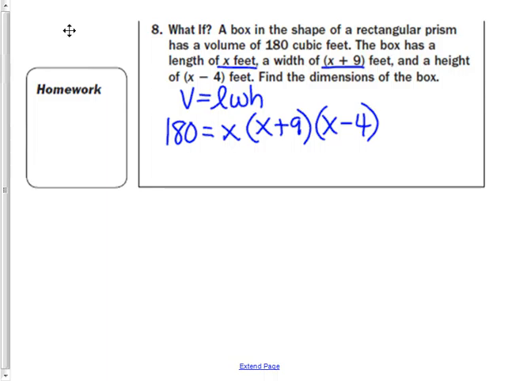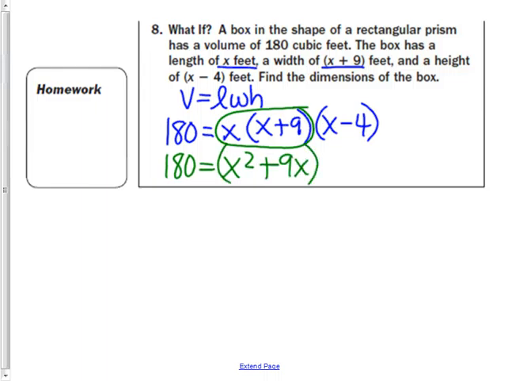So first I'm going to multiply my dimensions. x times x plus 9, I'm going to leave everything else as is, would be x squared plus 9x. That still needs to be multiplied by the quantity x minus 4. Now I've got two binomials that I can multiply by each other. I'm going to use FOIL to do that.